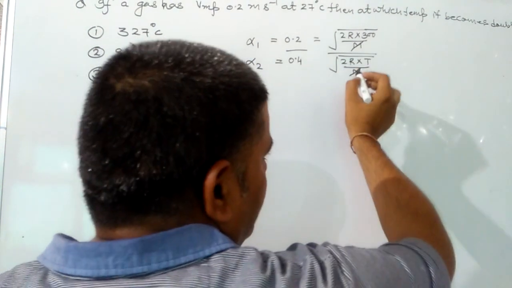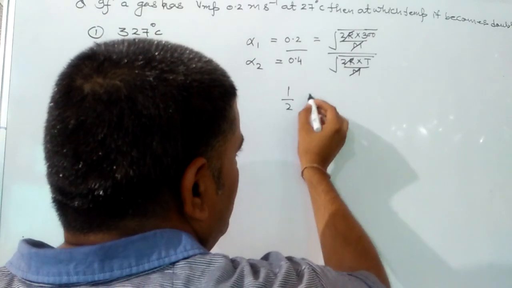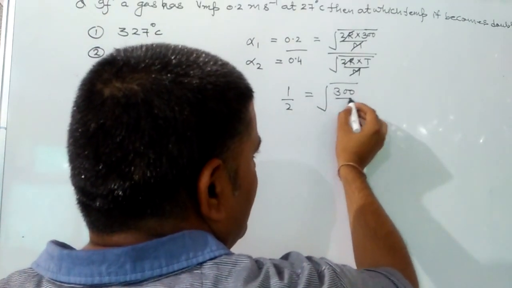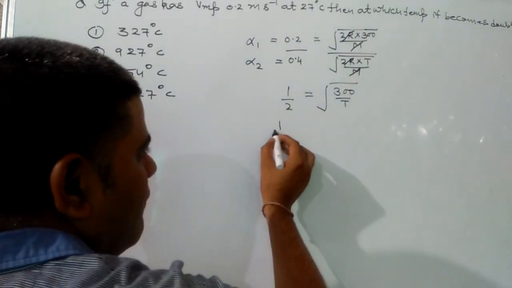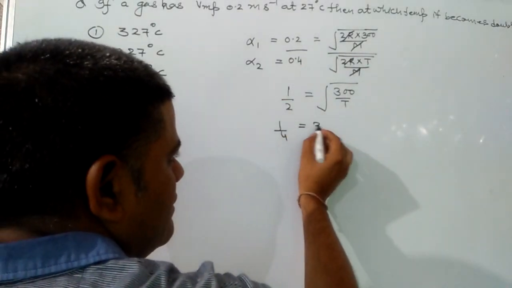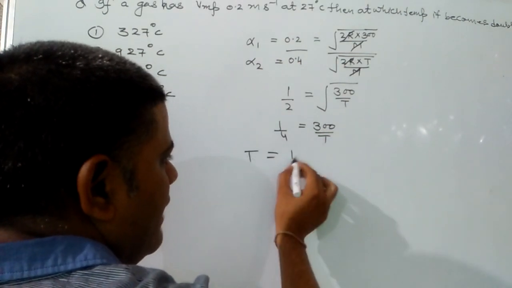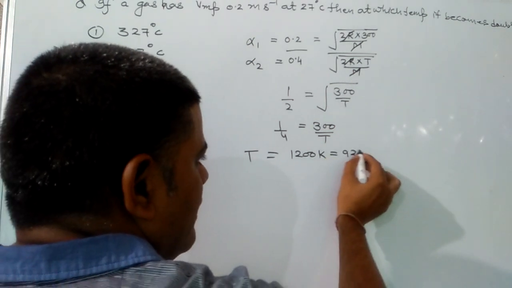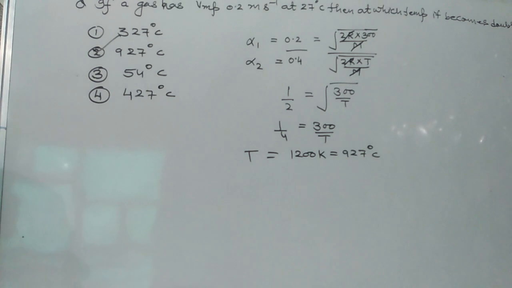M is cancelled with M, 2R is cancelled with 2R. It comes out to be 1 by 2 is equal to root of 300 over T. Now squaring both sides, we will get 1 by 4 is equal to 300 over T. So T comes out to be 1200 Kelvin, and in centigrade that comes out to be 927 degrees centigrade. So our answer should be option B.